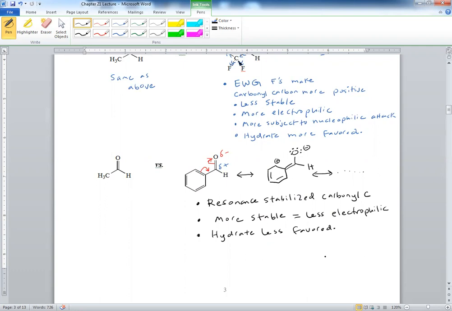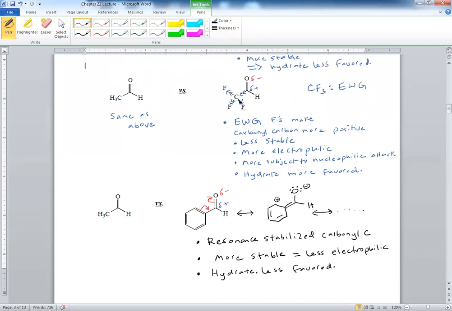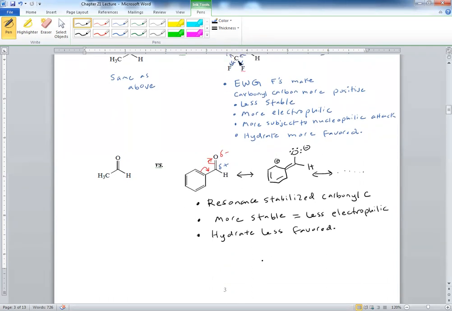So look for stabilization effects or destabilization effects. If you have stabilization effects, then the hydrate won't form or it will be less favored. If you have destabilization effects, such as the electron withdrawing group, then of course the hydrate is more favored.